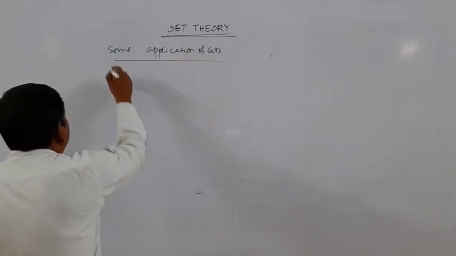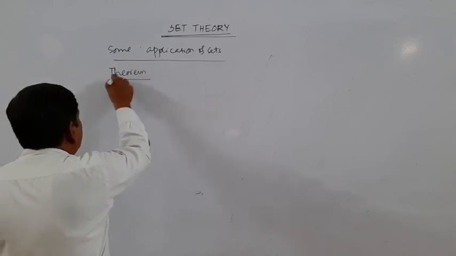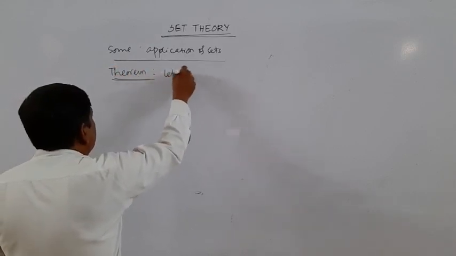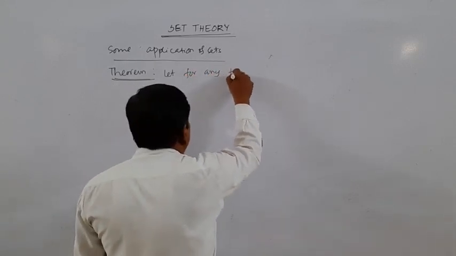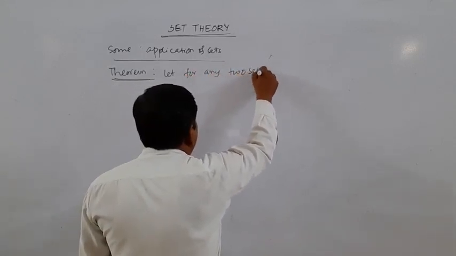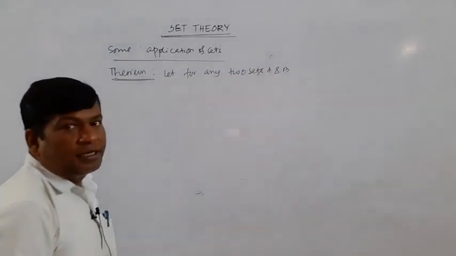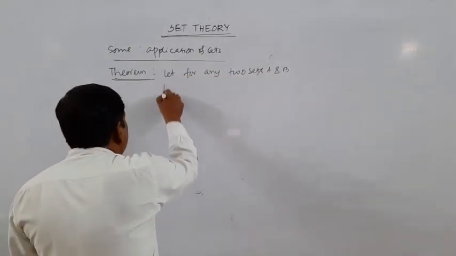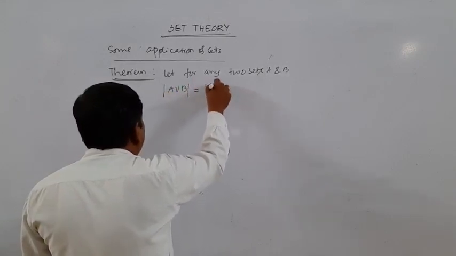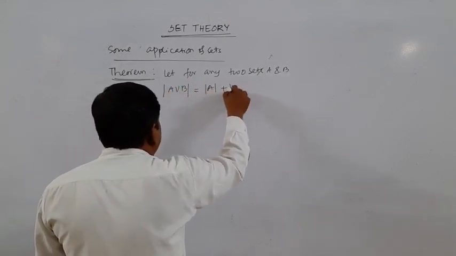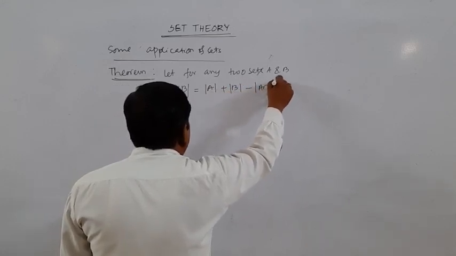Theorem: for any two sets A and B, the cardinality of A union B is equal to the cardinality of A plus the cardinality of B minus the cardinality of A intersection B.